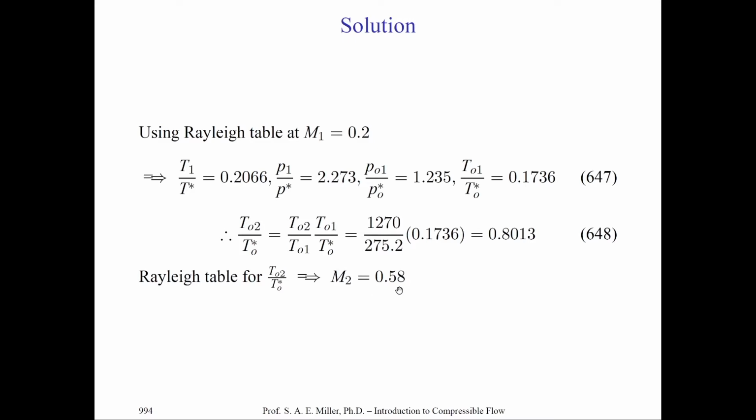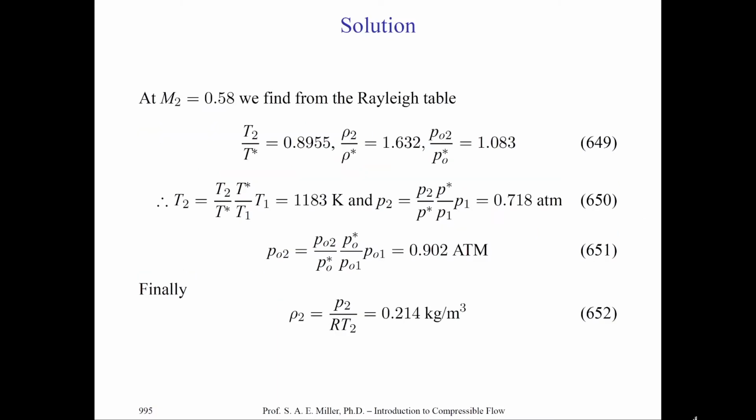M2 will be 0.58. So we've just solved the most important part of course, the Rayleigh flow problem. We march downstream through, of course, the heat transfer rate relation in the first law of thermodynamics and the Rayleigh flow lookup with the total temperature divided by the total temperature Rayleigh critical ratio.